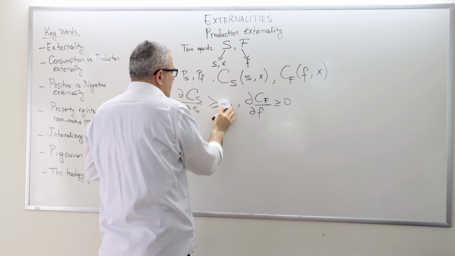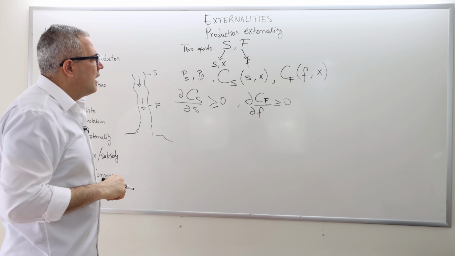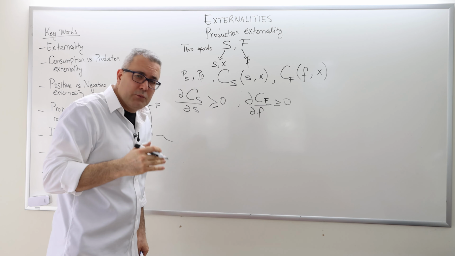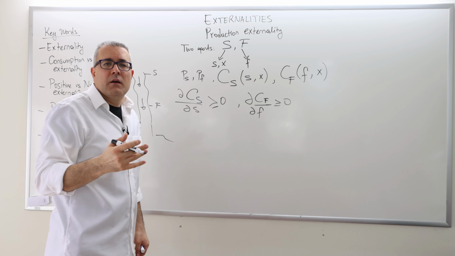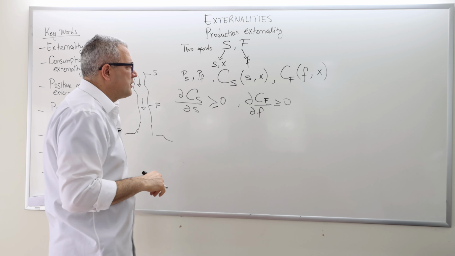Oh, yes, this is not s, I'm sorry, this is f. So it's positive, so it's increasing. The more you would like to produce, the more costly the production will be. So this is a general, standard assumption.